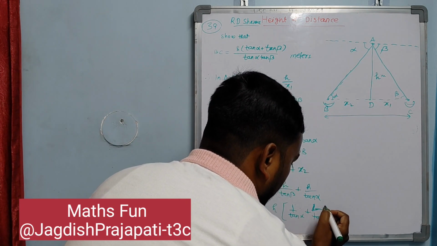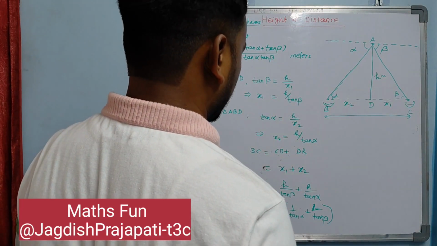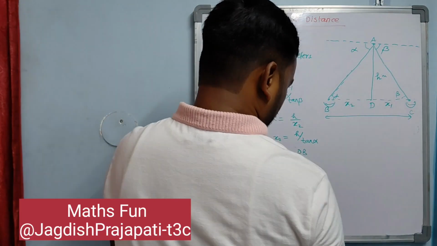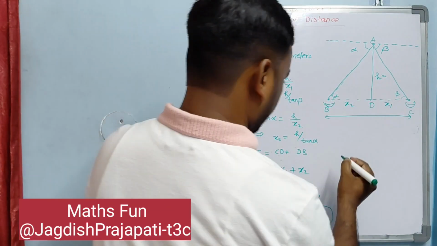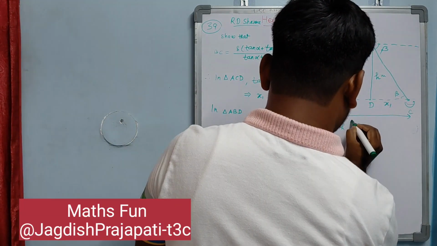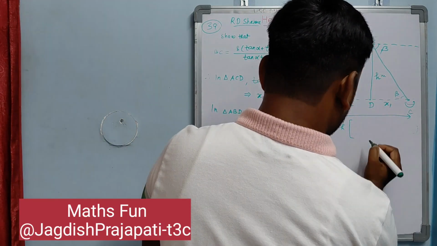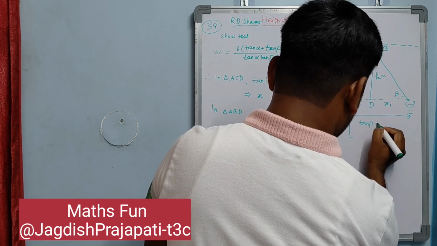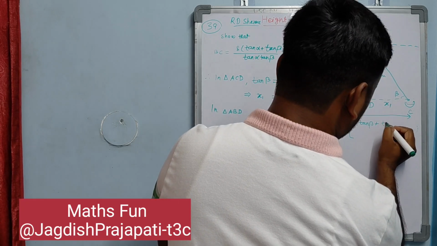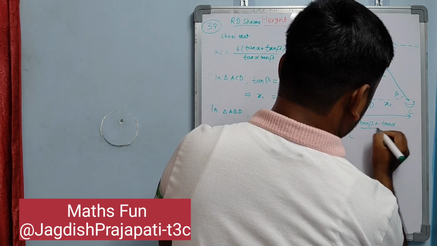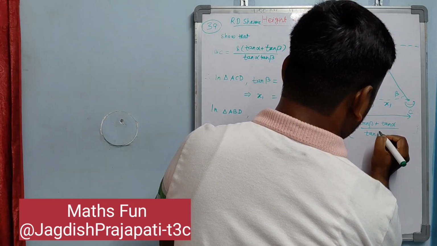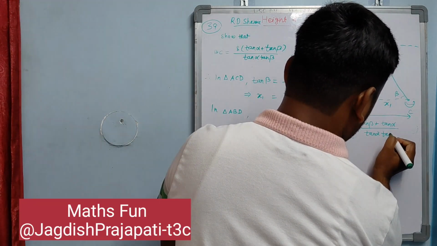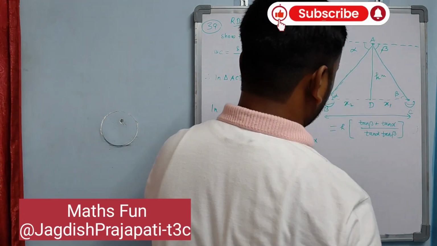Now solve this: h into tan beta plus tan alpha by tan alpha into tan beta.